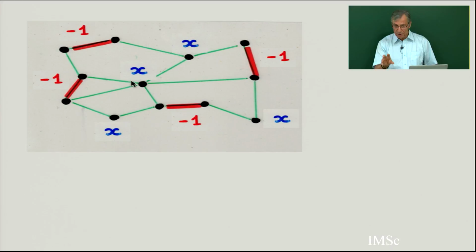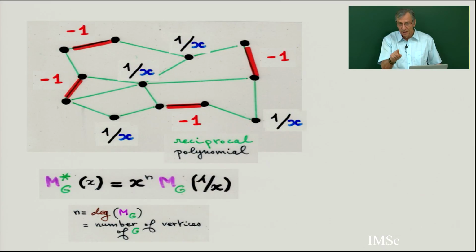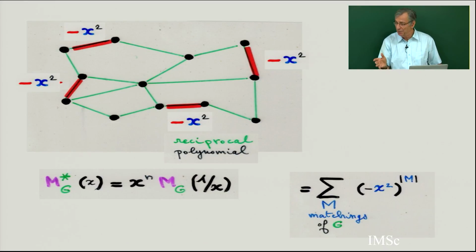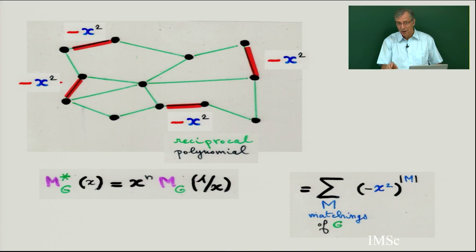It's going to be the sum of the weights when I take the reciprocal. So I replace x by 1 over x, like this, and multiply by x power n to get back a polynomial. So multiplying by x power n gives you this. Okay, so the weight has changed. Instead of having a weight on the isolated point, there is nothing on the isolated point, and the weight now of the dimers is x squared.